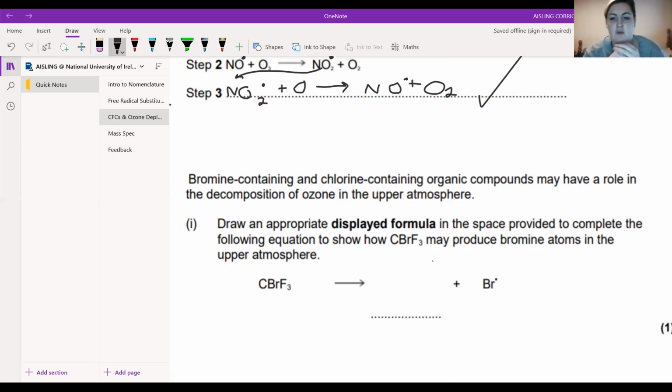Have a pause and see if you can get that. We've got a molecule that's going to be split up into two radicals. This step is called our initiation. So UV light comes in, breaks this bond, and we're going to make our CF3.